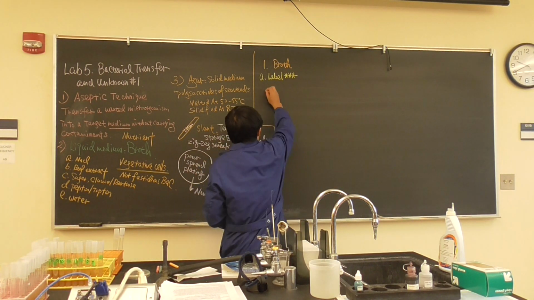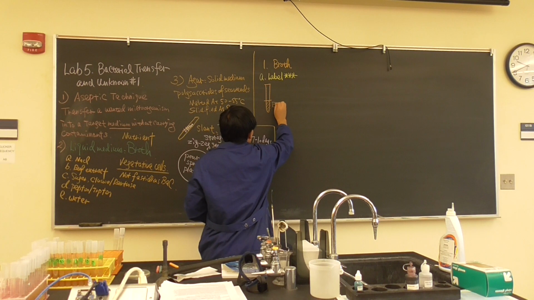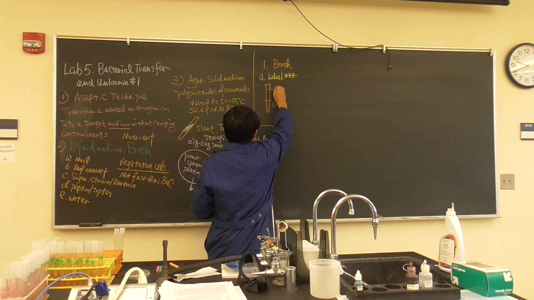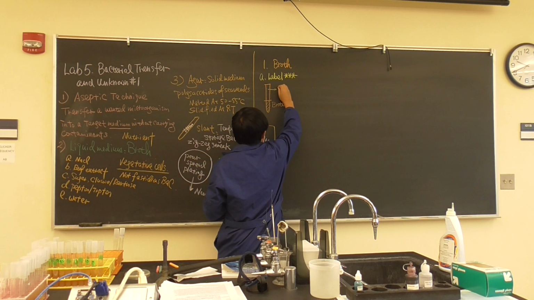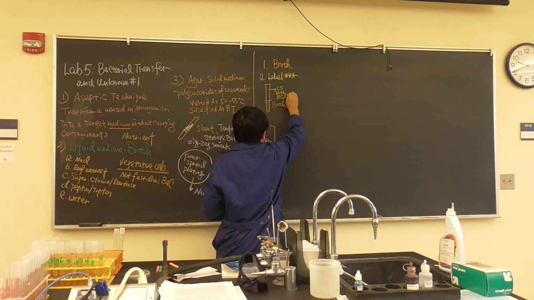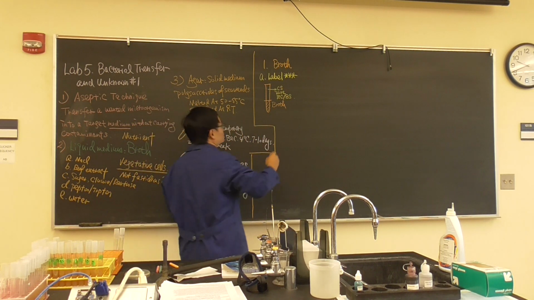If we have a broth, where should you label? Let's say this is a broth. Your label is always on the top. Label your initials, date, and the bacterial acronym, EC for E. coli, BS for Bacillus subtilis, for example. You could also put your bench number.